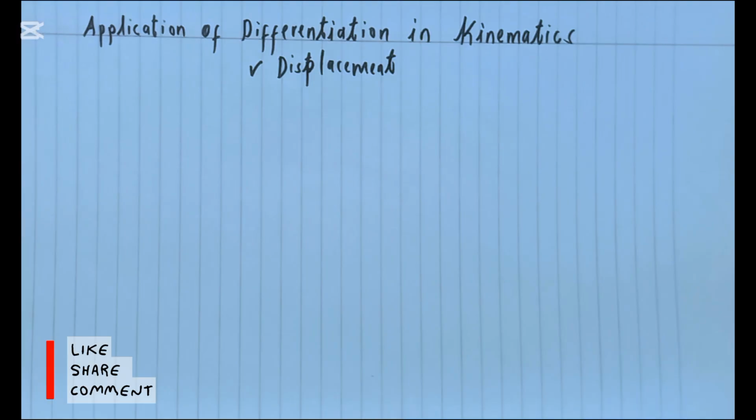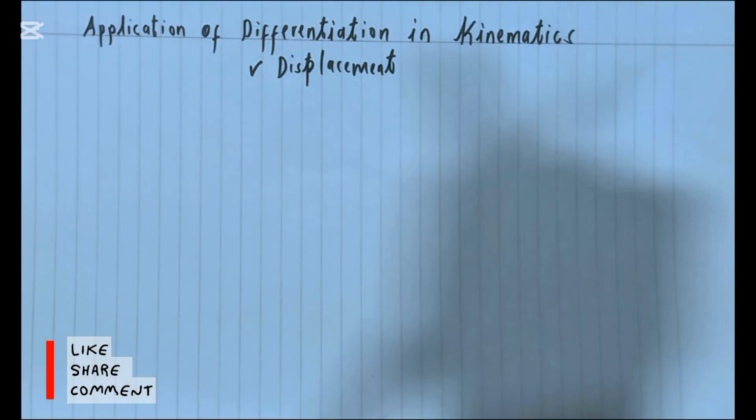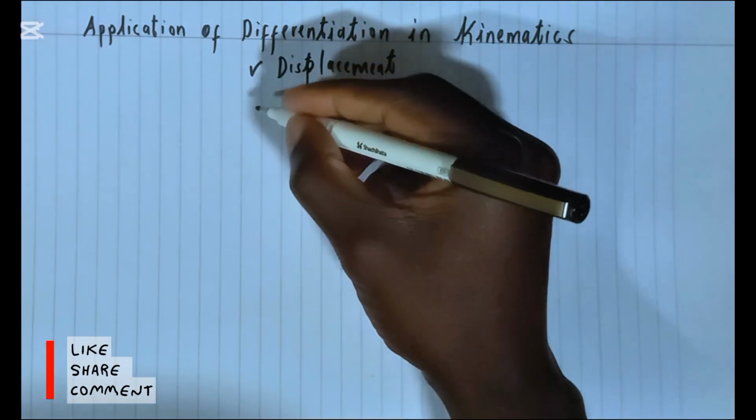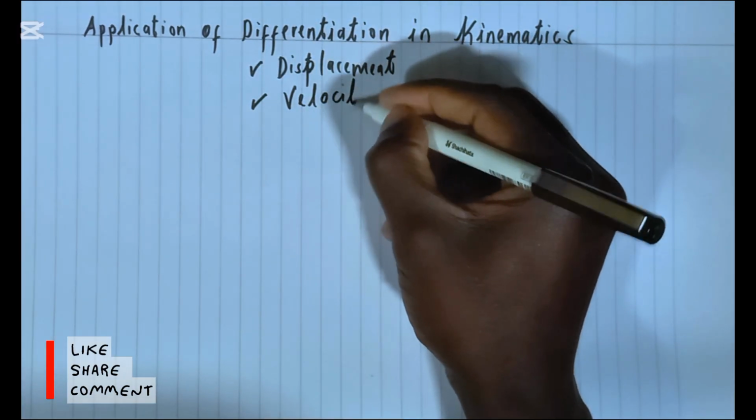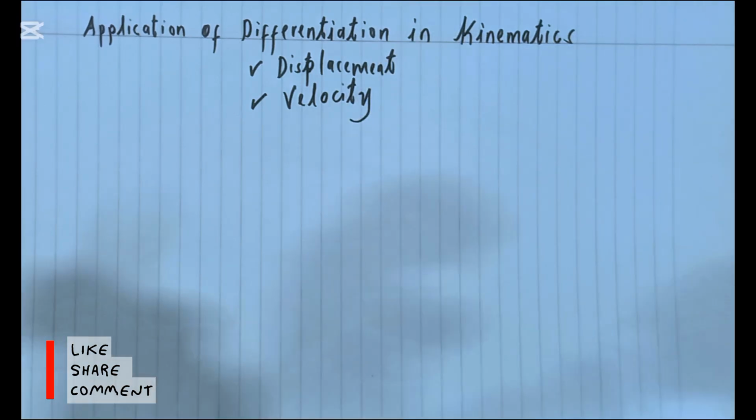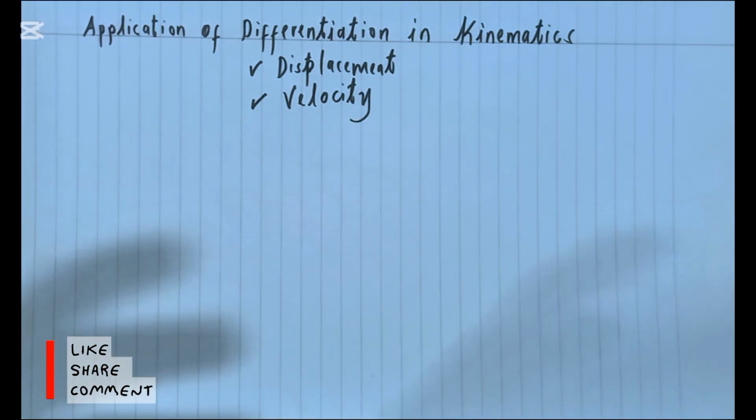Then when displacement changes, when there is a rate of change in displacement, usually we have velocity. So velocity is the rate of change of displacement over a given period of time.